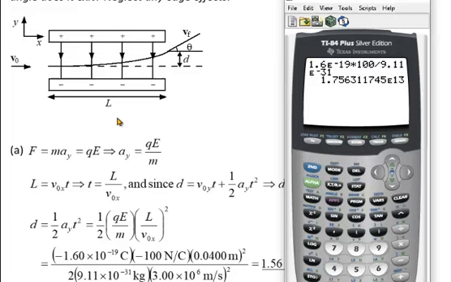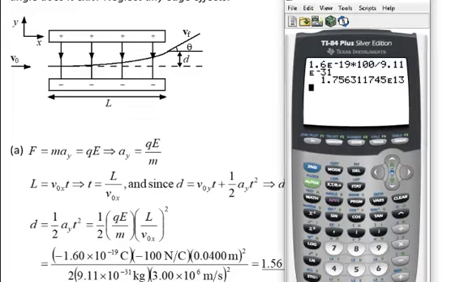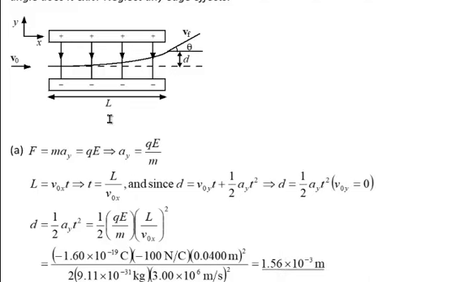So here we have 1.756 times 10 to the 13. So a_y in the vertical direction equals 1.756 times 10 to the 13 meters per second squared. Let me just double check.